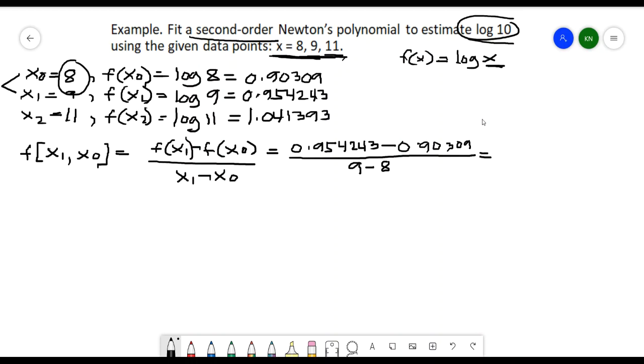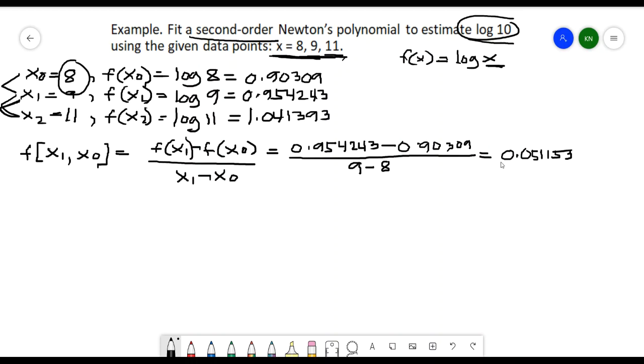That gives us the result of 0.051153. If you try to calculate this, you'll get this result.